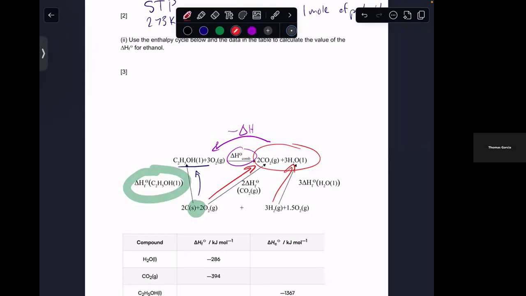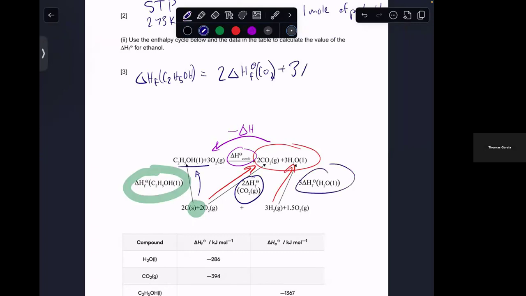So we're going to go ahead and write out what we just put down. Delta HF of ethanol, C2H5OH, is equal to this one, 2 delta HF standard of CO2 plus 3 delta HF standard of H2O. And then this one going against that, minus delta H of combustion of ethanol.